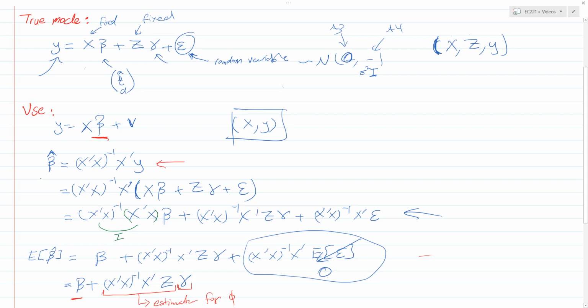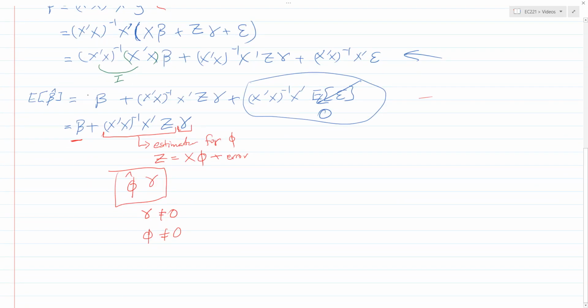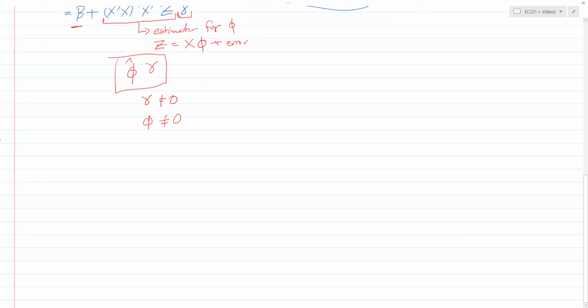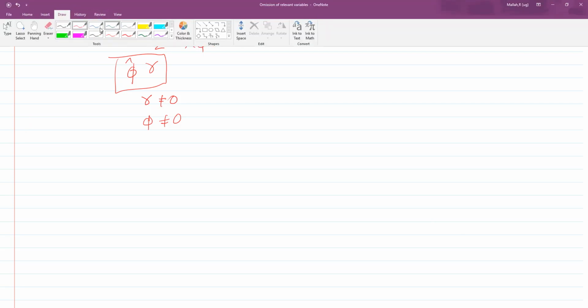But we are estimating beta by beta hat. How precise is beta hat? How precise is it to give us this value of beta plus the indirect effect? In order to do that, we're going to get the variance, of course, because precision is related to variance.